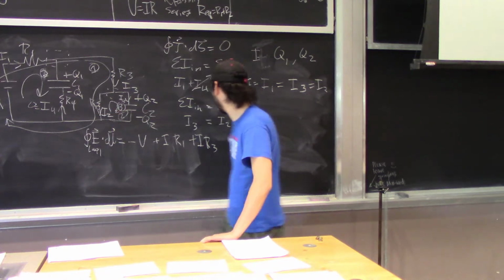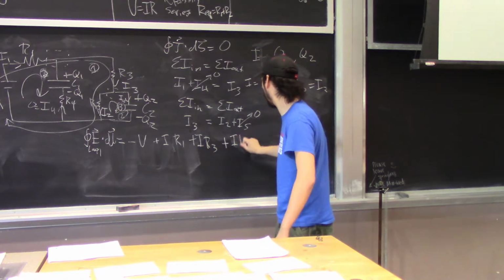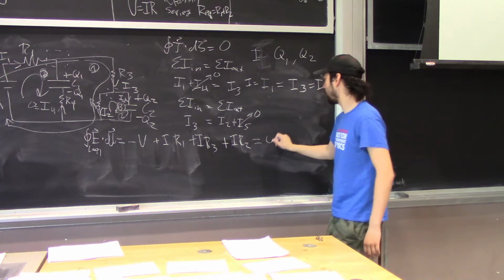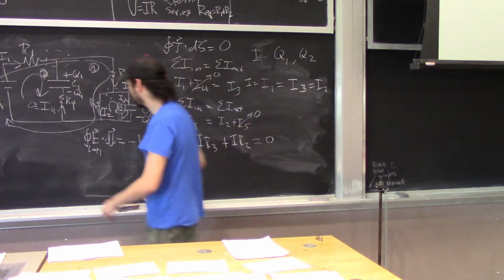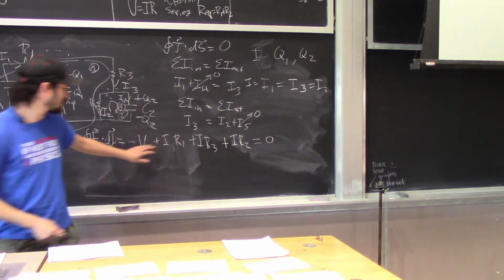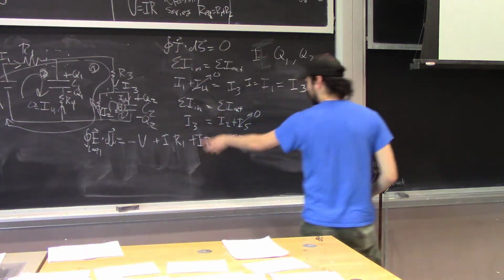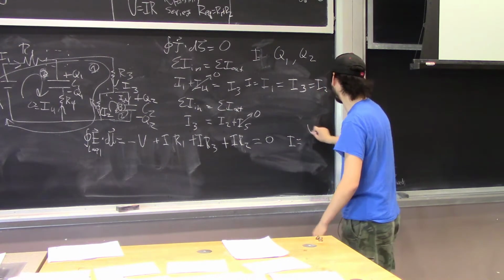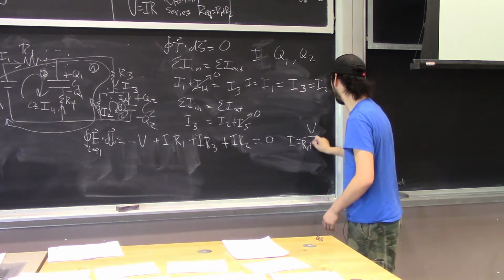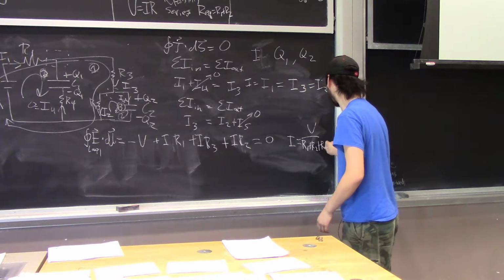Next piece. Plus I R2 is equal to 0. And now you can explicitly see why this was a good loop to choose, because this only has the current in it. And so if I wanted to solve this, this would just say that the current I is going to be equal to V divided by R1 plus R2 plus R3.